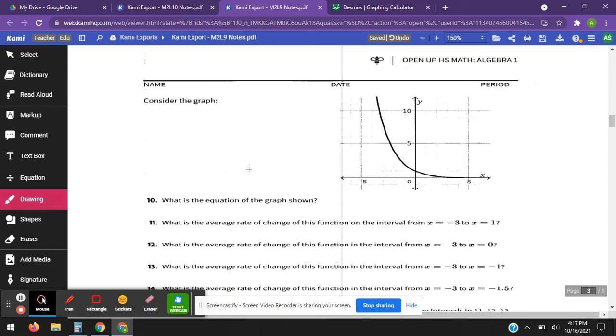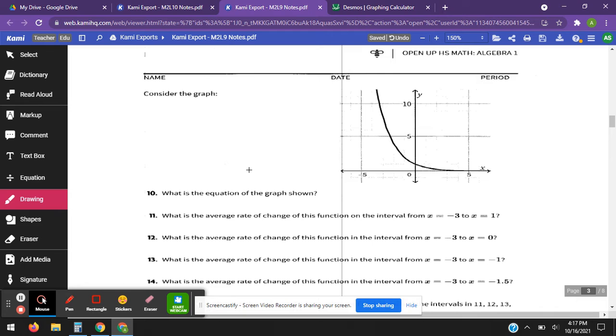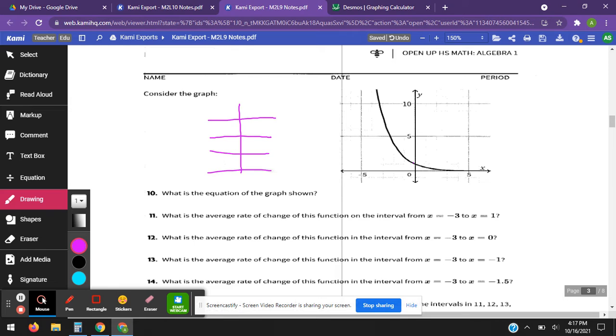So consider this graph. What is the equation? All right, well, if I look on here, I see a point. I'm just going to do a quick table here. I see at 0, we're at 1. I'm going to go backwards on here: 2, 3, 4. I'm going to put 0 right here.